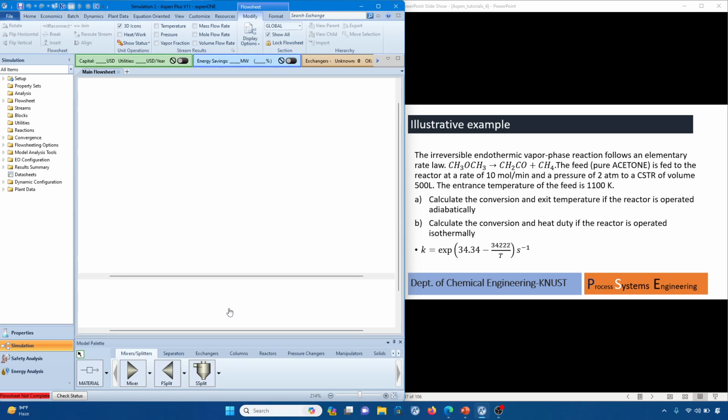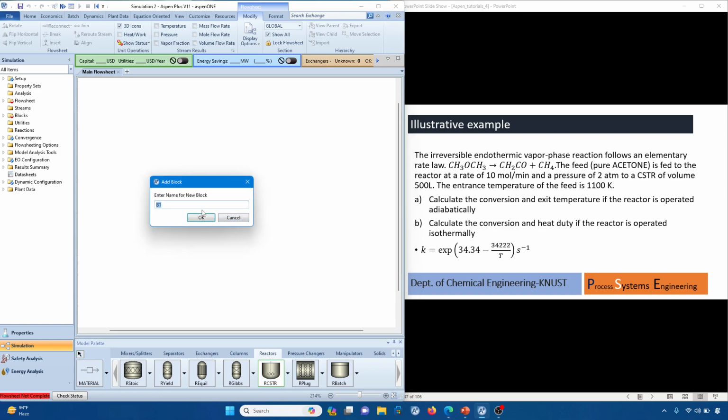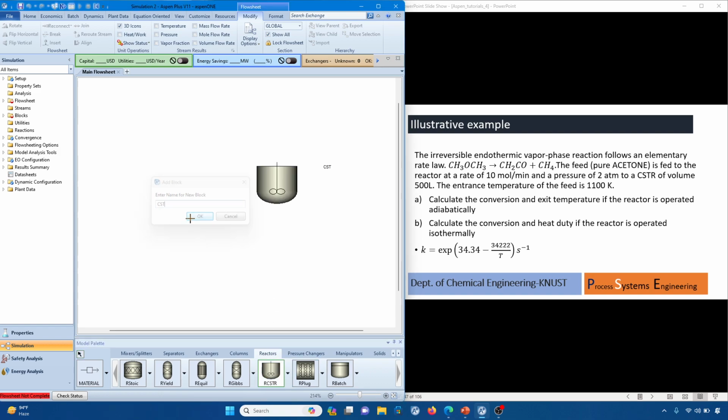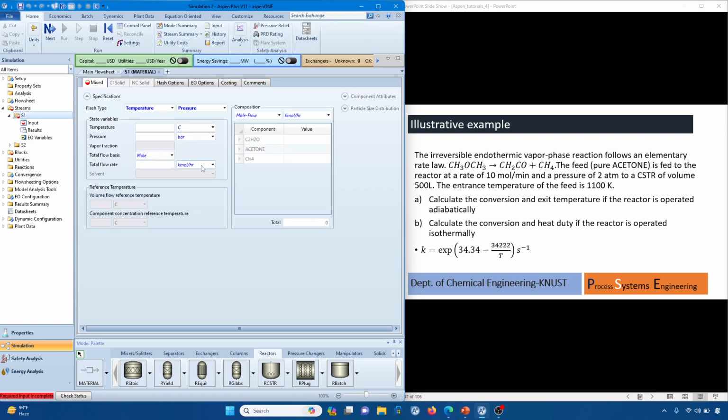You can head to the simulation environment, which is the model palette, and select the RCSTR. Add the feed and product streams. We're feeding this at a rate of 10 moles per minute.